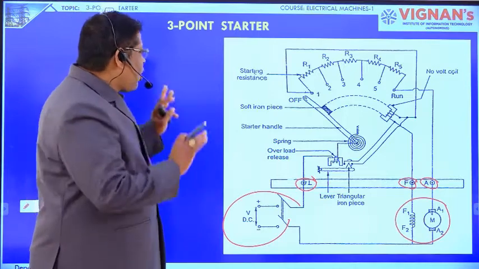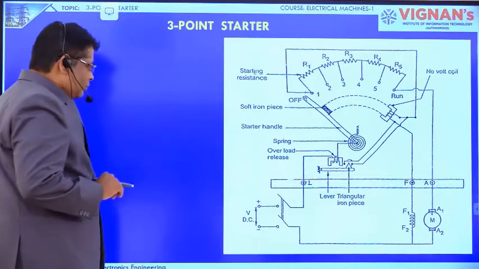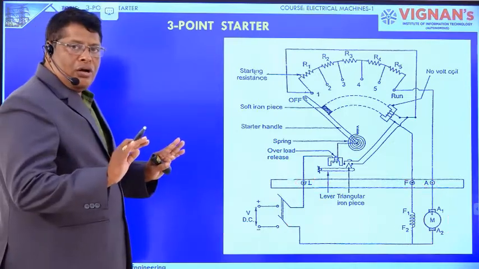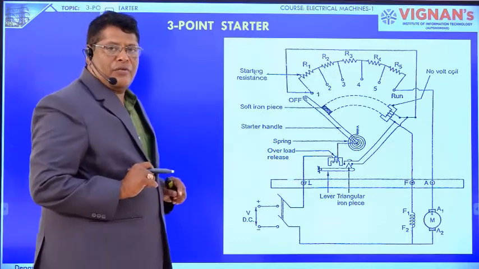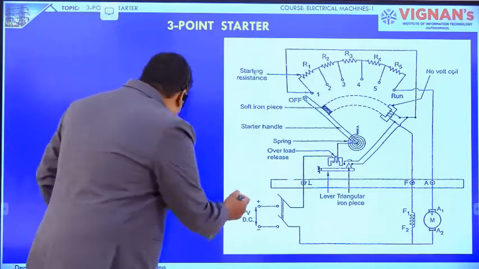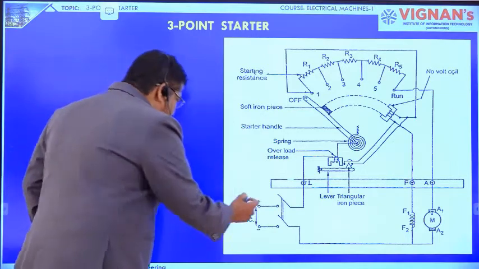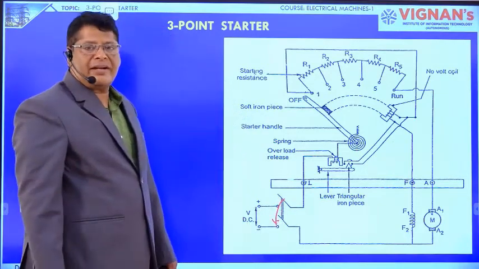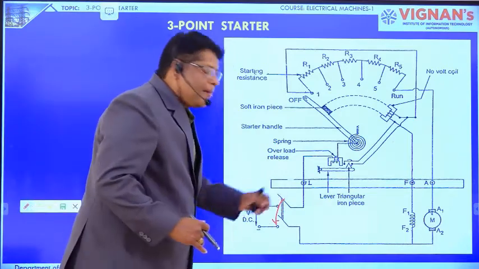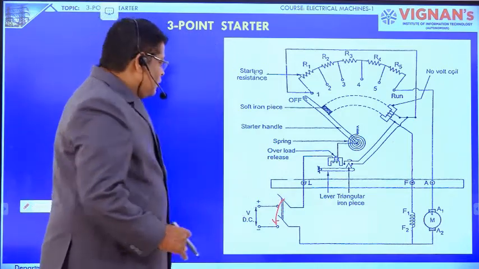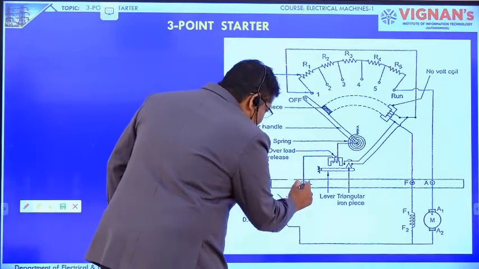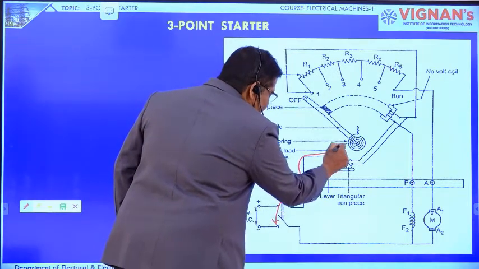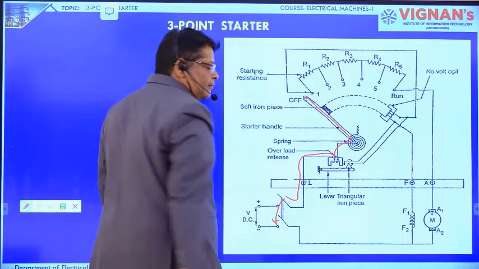Now we are going to see the operation. Now we want to start the motor. First we have to close the DPST switch, nothing but giving supply to the motor. Now the supply is coming in this manner, through L, this magnet, to the handle at this position.